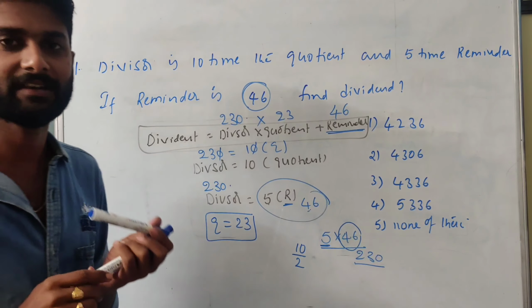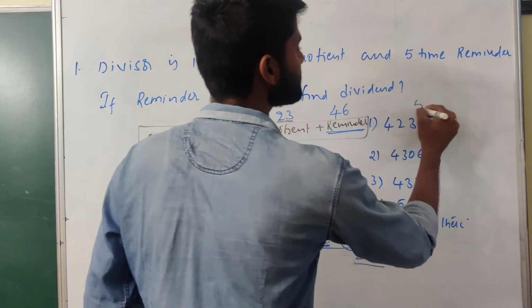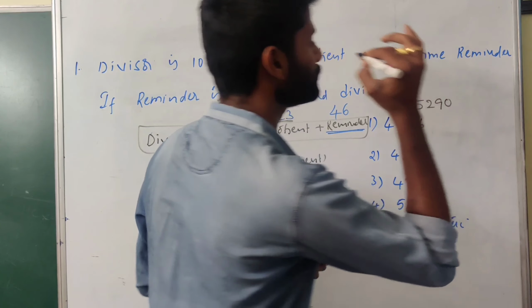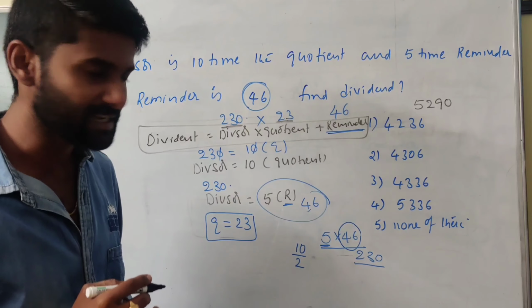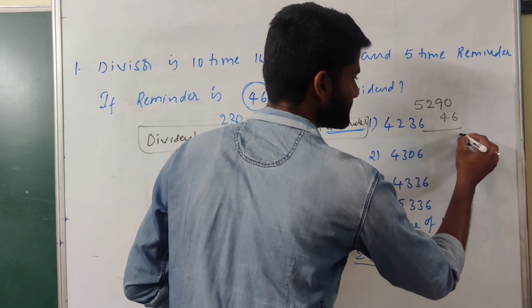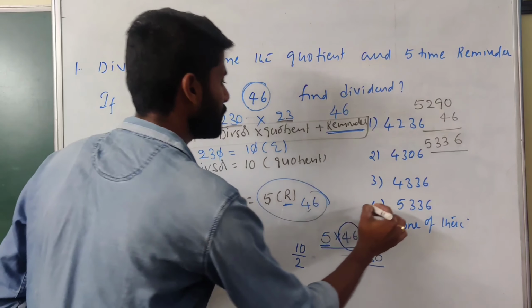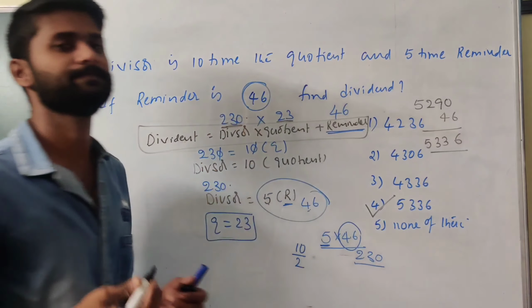These are the values found. Then 230 into 23 means 23 whole square, which is 529 into 10, that is 5290. Adding the remainder of 46, the entire calculation is equal to 5336. So the option is 4.